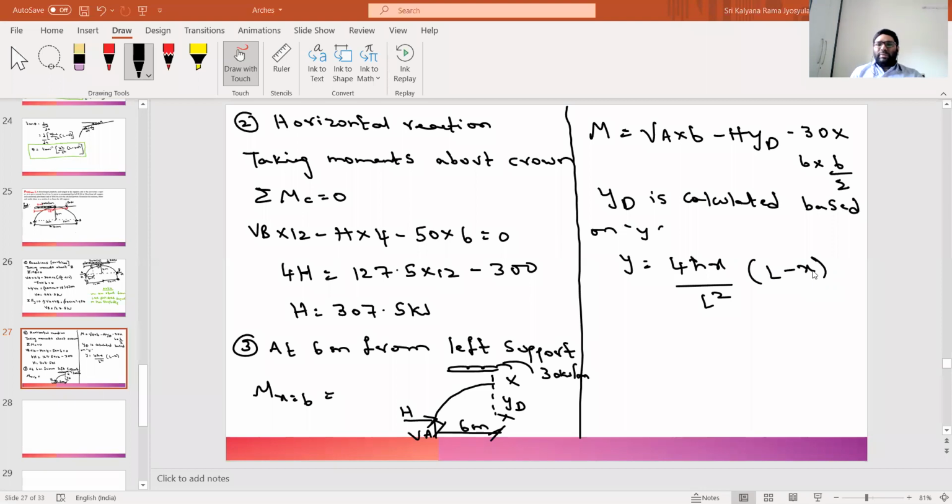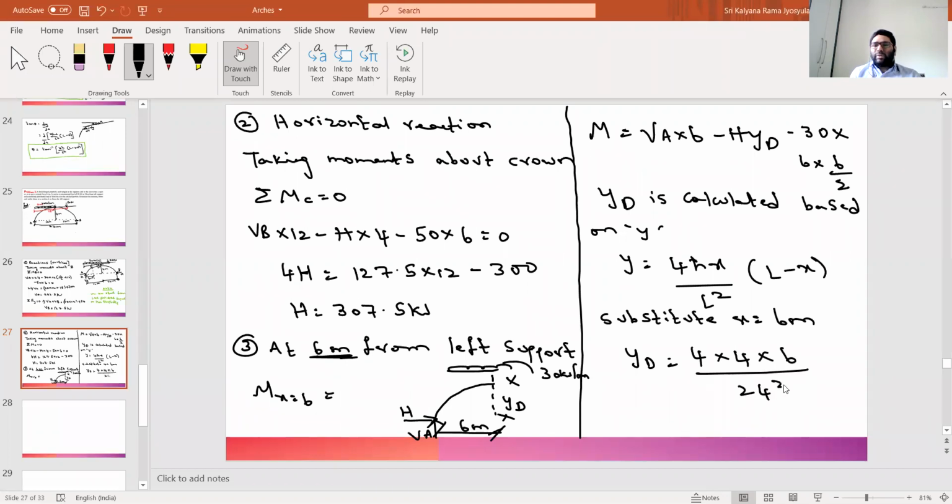Okay, substitute x is equal to 6 meters, because we are calculating it at a distance of 6. So y_d is equal to 4 into h, which is 4, into 4 into 6, by L square, into L, which is 24, minus 6.